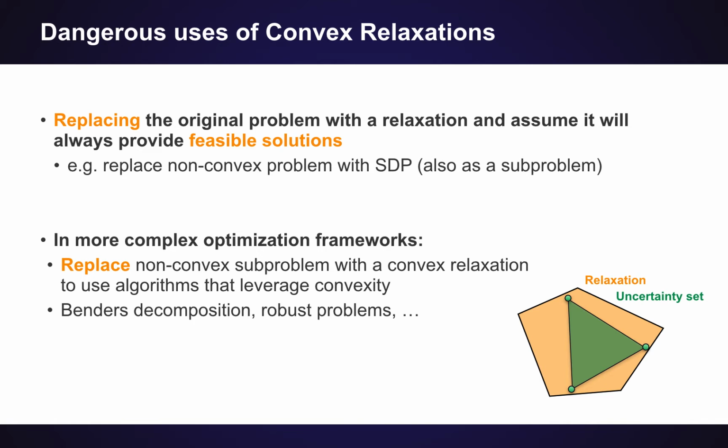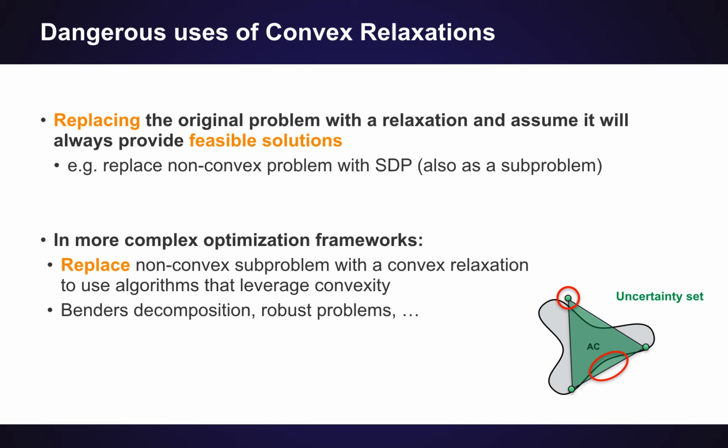The problem, of course, now is that if we replace the relaxation by the true AC feasible set again, what we can observe is that, first of all, some of those green little dots might no longer be inside of the feasible space. And even though those points are inside the feasible space, there might be connections between them that belong to the uncertainty set we want to consider that are no longer feasible.